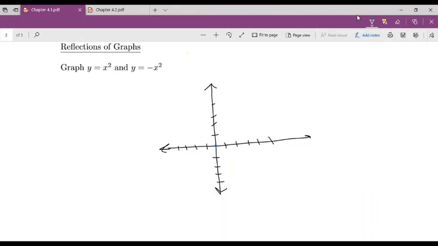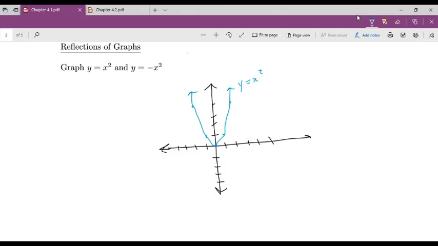Okay, so 1 squared is 1. 2 squared is 4. And that's good enough. But look, negative 1 squared is 1. Negative 2 squared is 4. So if we're looking at a regular y equals x squared graph, it's just your parabola facing up.